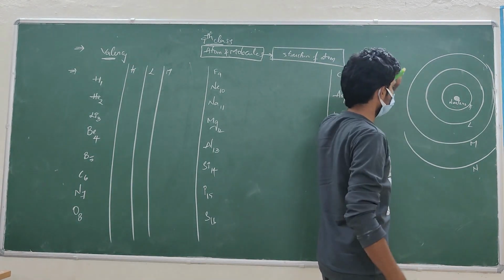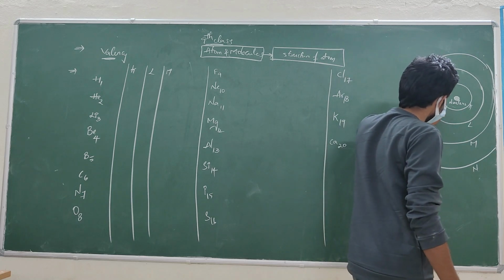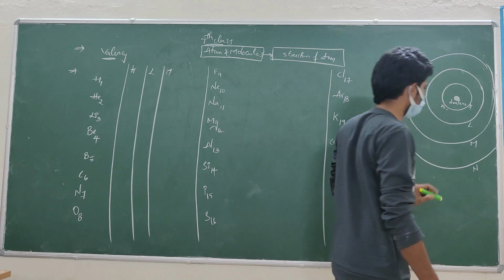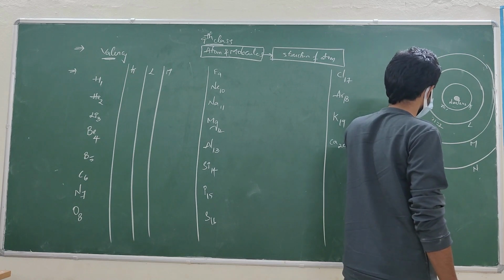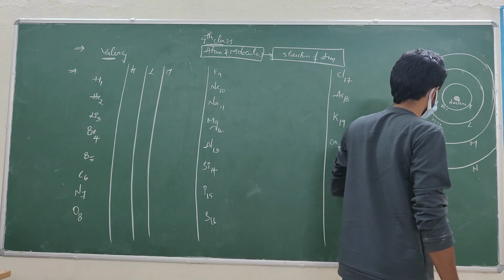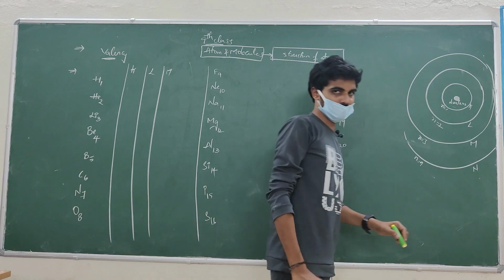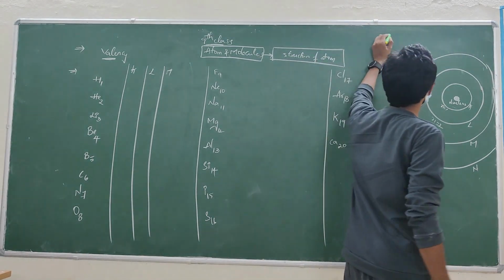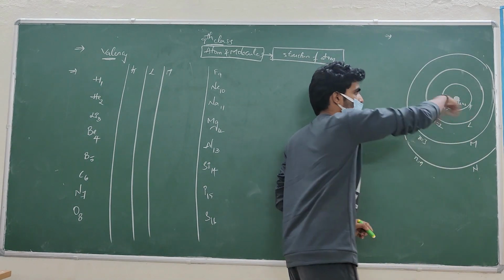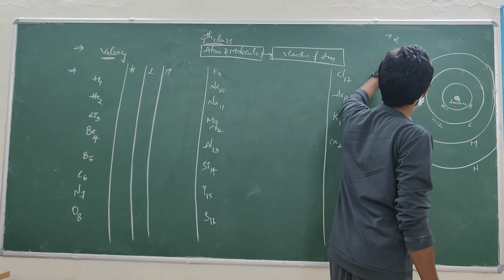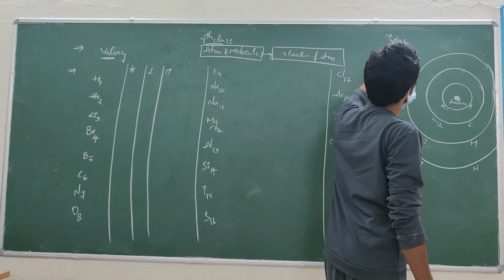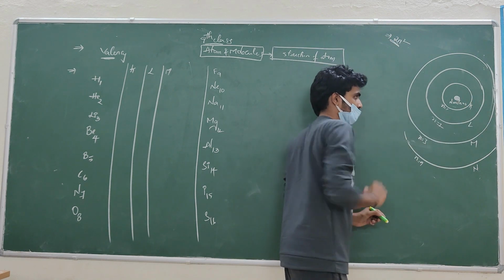Let's discuss here. For the shells, we have n values: n equals 1, n equals 2, n equals 3, n equals 4. What is the use of these n values? They are very important to find the maximum capacity of a particular orbit. We have a formula to determine the highest capacity of the orbit.